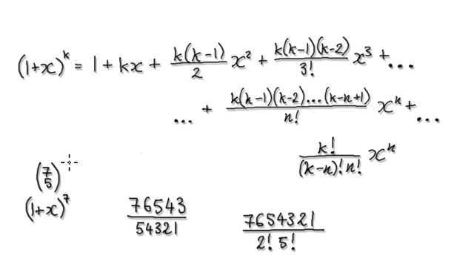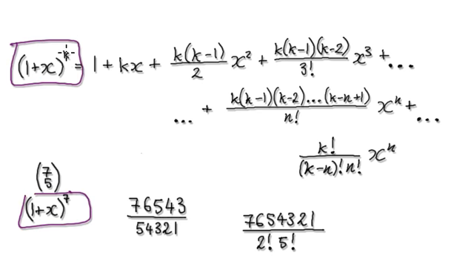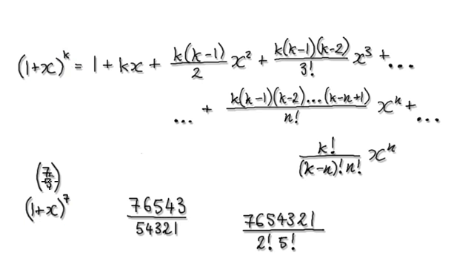So let's look at a simple case where k is 7, and let's just look at a random term, x to the power of 5. So let's just look at a simple case where we've got 7 here and 5 here.